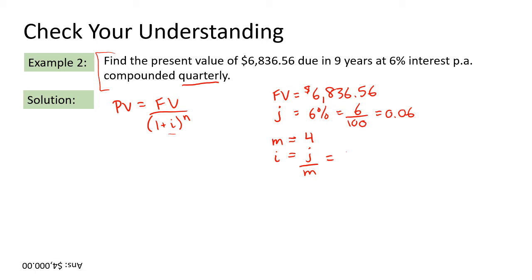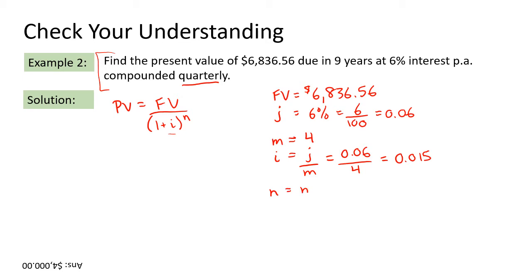So we can substitute those in and we get 0.06 divided by 4 because there's 4 compounding periods. And that gives you an answer of 0.015. Okay? Lastly, we have our total number of compounding periods, n.